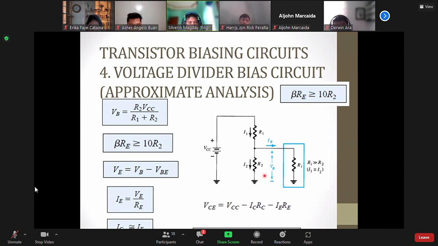Then solving, your VE is your VB minus your VBE, wherein your IE is VE over RE and ICQ is most likely equal to IE. That is for approximate analysis, though it is not often used, so we go with the exact analysis. Take note that your beta RE should be at least 10 times the resistor near the base going to ground.